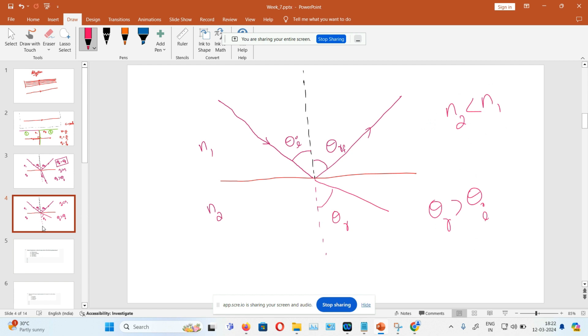But this is only qualitative. We want to know how precisely it will bend, and which law is governing that. The law which governs refraction is called Snell's law.